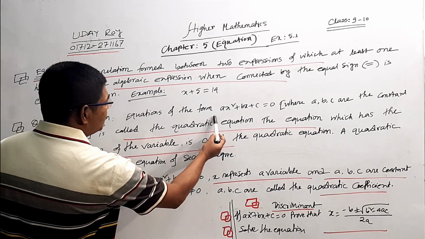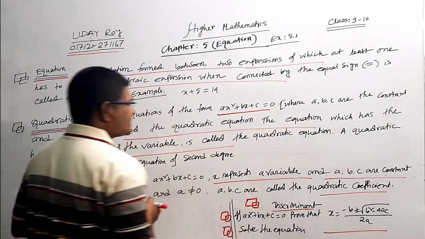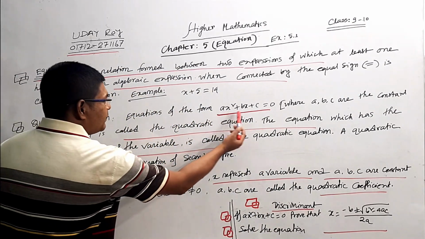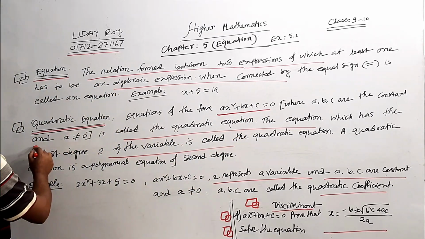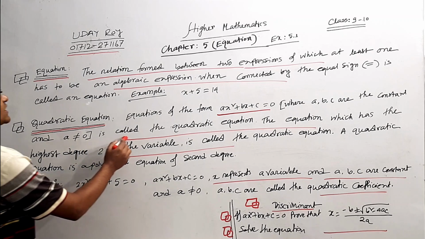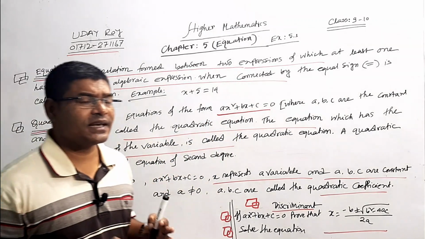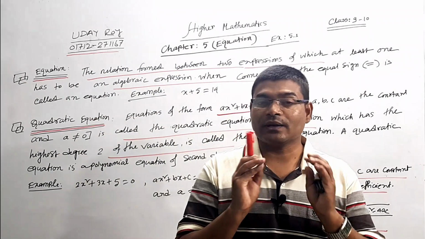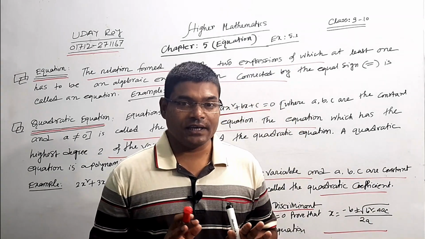An equation of the form ax square plus bx plus c, where a, b, c are constants and a not equal to 0, is called a quadratic equation. In another way, we can say a polynomial whose power is 2, that means a second degree equation, is called a quadratic equation.